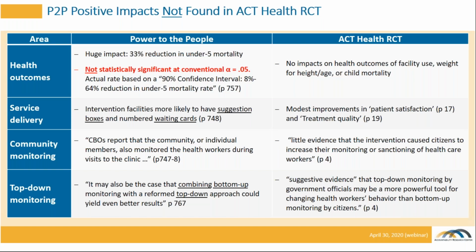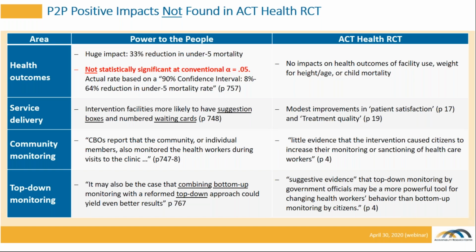The Act Health RCT found no impact on health outcomes like facility use, weight for height, or child mortality. Under service delivery, Power to the People found intervention facilities may be more likely to have suggestion boxes and waiting cards. And Act Health RCT found modest improvements in patient satisfaction and treatment quality.